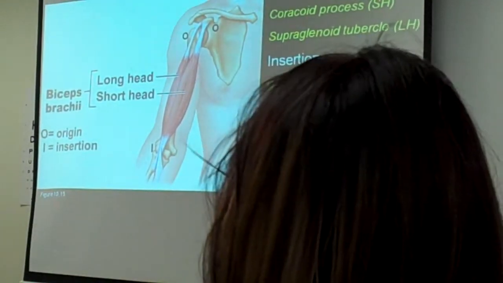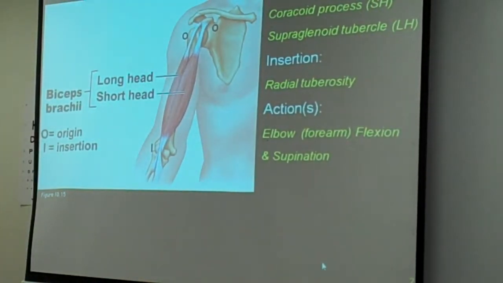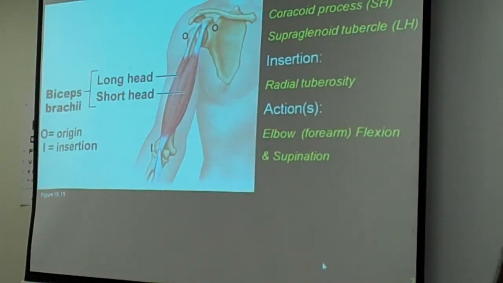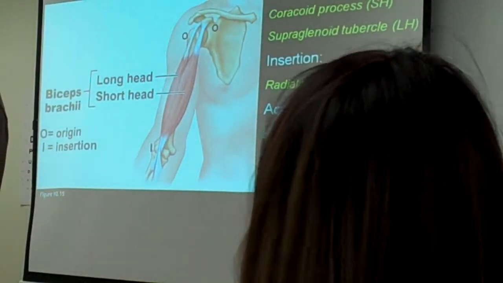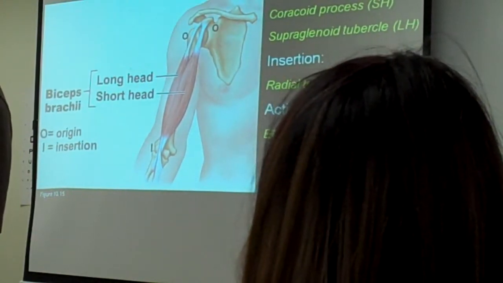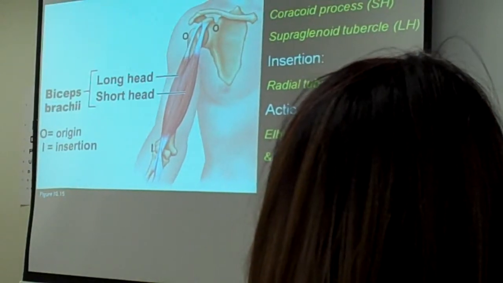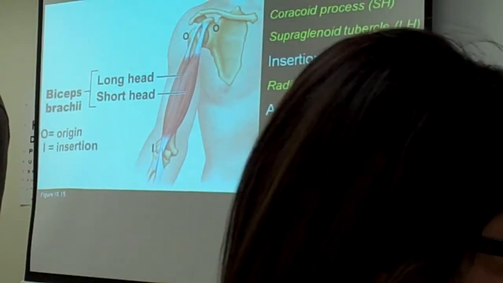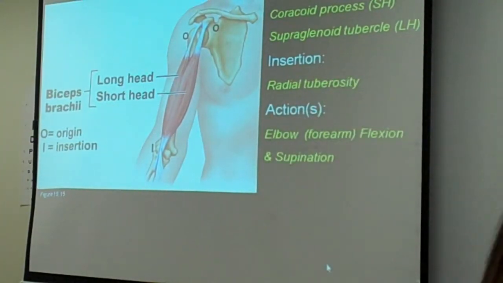Flexor digitorum profundus. What else does that name tell you? Flexor digitorum superficialis. Flexor is what it does. It creates flexion at a joint. Digitorum, flexion of the digits. Flexor digitorum. It tells you what it does. It flexes the digits.